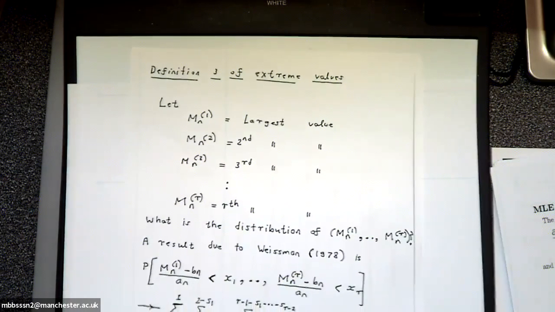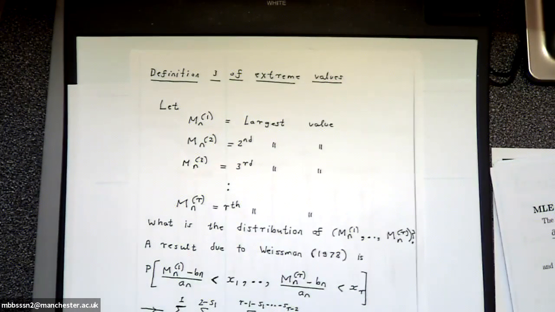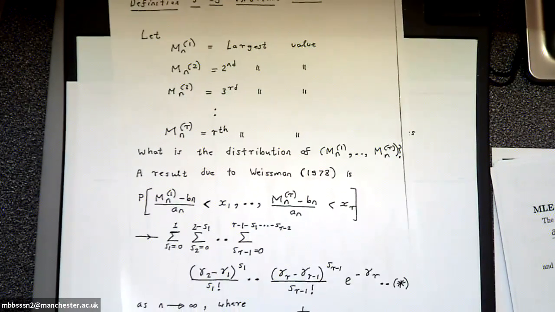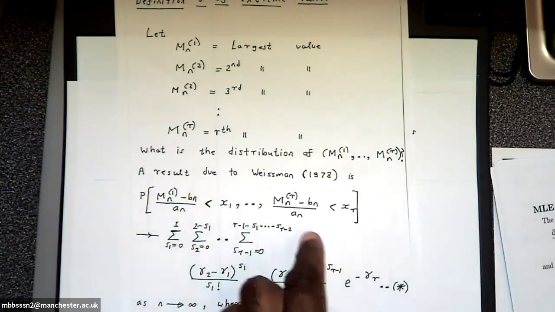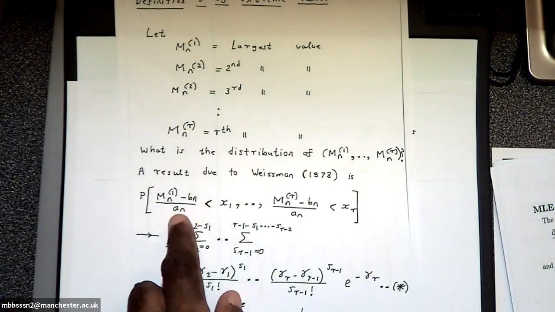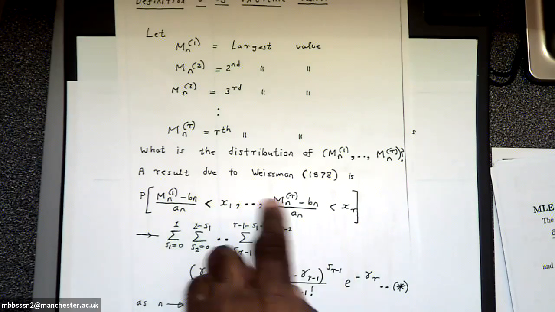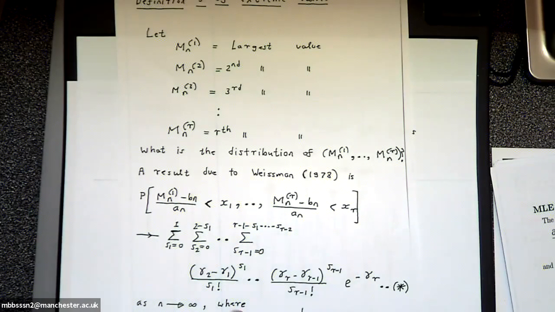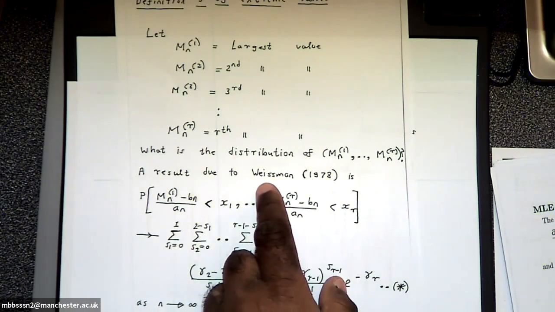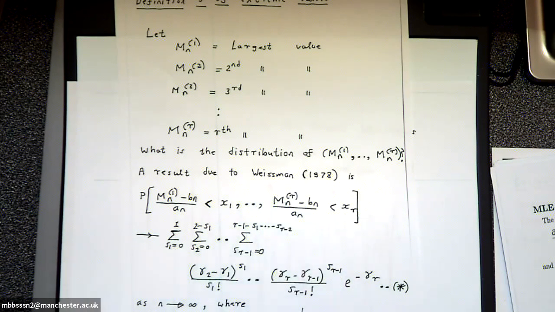Definition 3 of extreme: you pick the R largest data points, and it turns out that, because you have more than one, you're looking at the joint distribution of the scaled versions of the R extreme values, and it approaches something very complicated like this as n approaches infinity. This result is due to this person here, 1978, right?